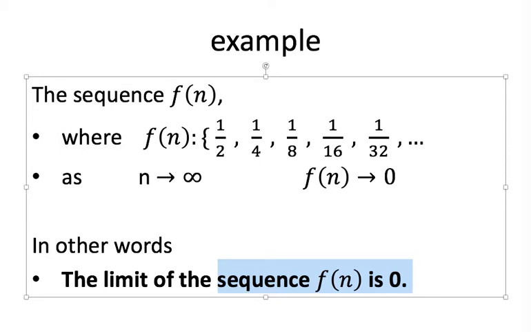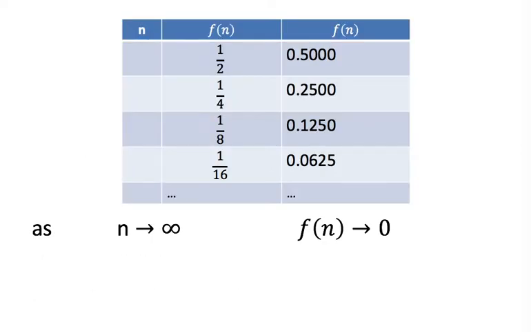Let's put all this into decimals, because some people have an easier time seeing that this is true with decimals instead of fractions. So here's our f of n. The list we just had previously said 1/2, then 1/4, then 1/8, then 1/16.